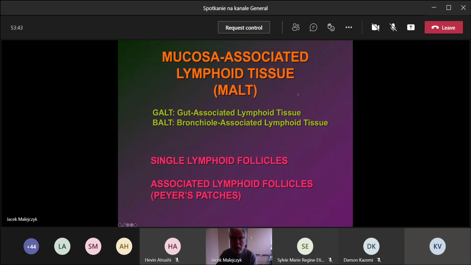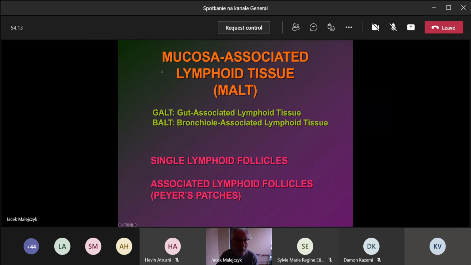And at the end, I would like to mention also the mucosa-associated lymphoid tissue. It is present in many organs which contain a mucous membrane, like in the alimentary tract, where we have gut-associated lymphoid tissue, and in the respiratory tract, where we, for instance, have bronchus-associated lymphoid tissue, and so on.